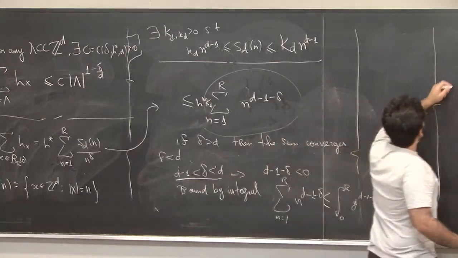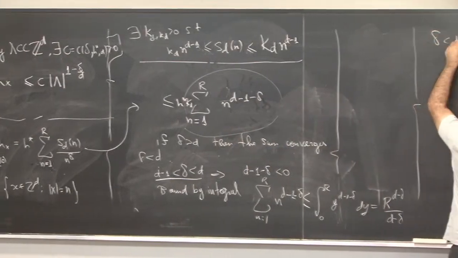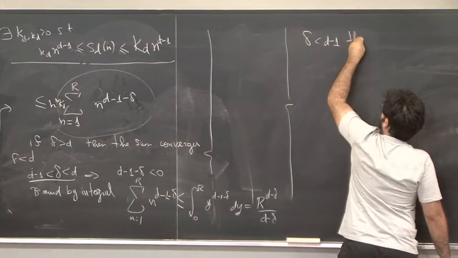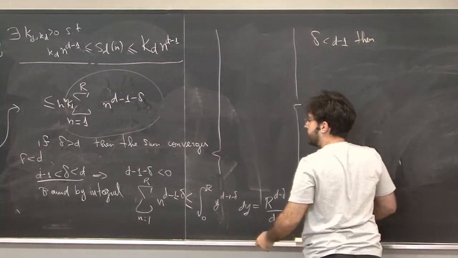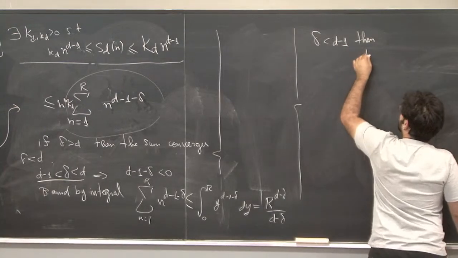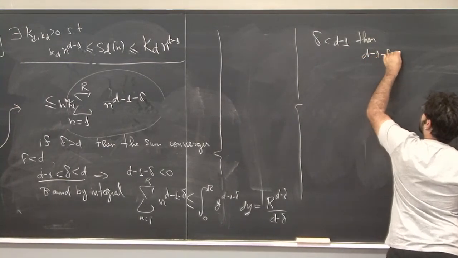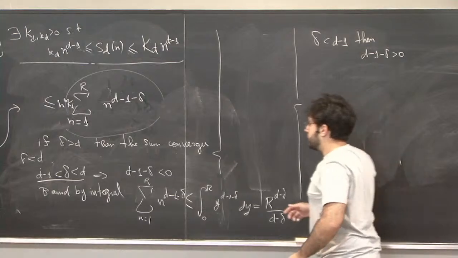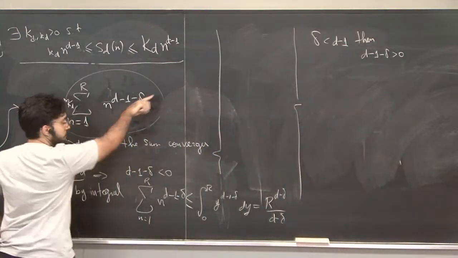And in the case that delta is less than d minus 1, then d minus 1 minus delta is actually positive, so this is increasing with n.